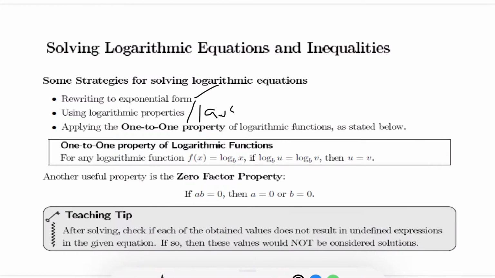Or we will use the one-to-one property, meaning if they have the same base, then u is equal to v. And another one is if we have factors a times b equals 0, then of course either of them is 0. To understand this, let's have some examples.